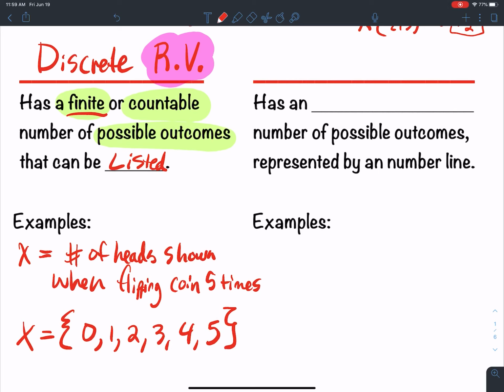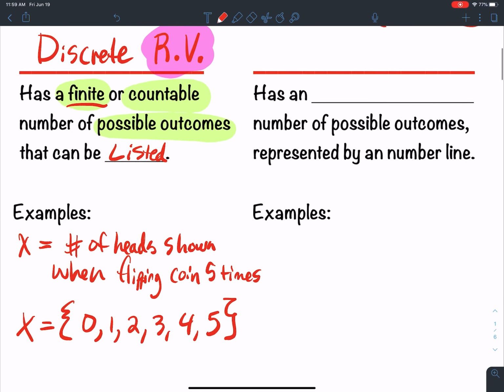Notice how I can't get a half of a head. There's no way that you can get half heads, half tails, right? So it's 0, 1, 2, 3, 4, 5. Why did it stop at 5? Because we only flipped the coin 5 times. That's an example of something that's finite. It's limited to some number, okay? It's the opposite of infinite. Infinite means it goes on and on and on forever and ever, right?